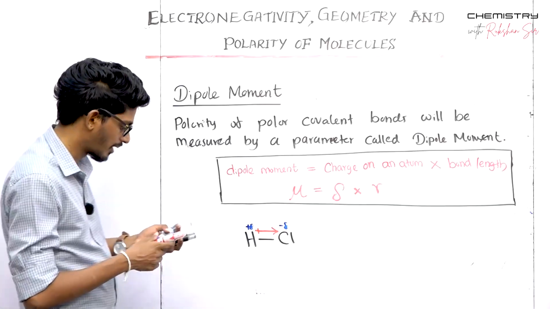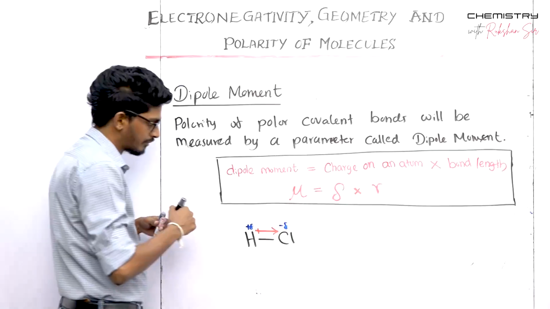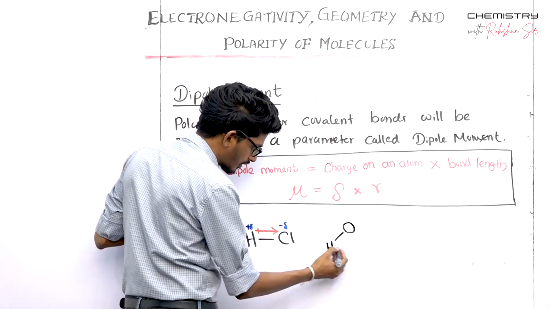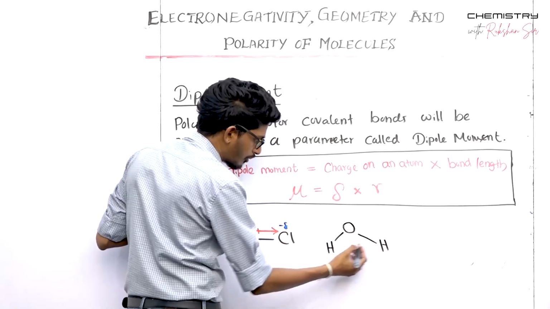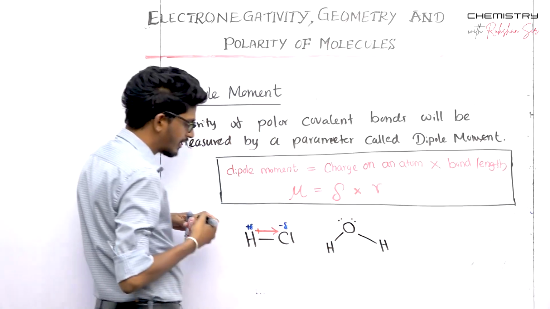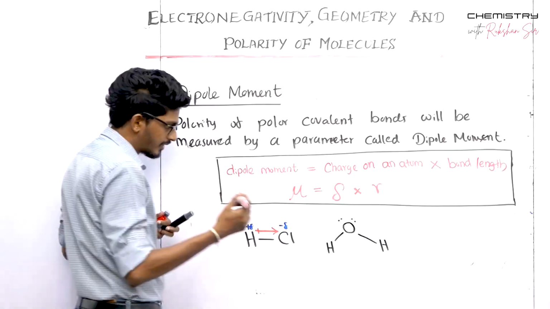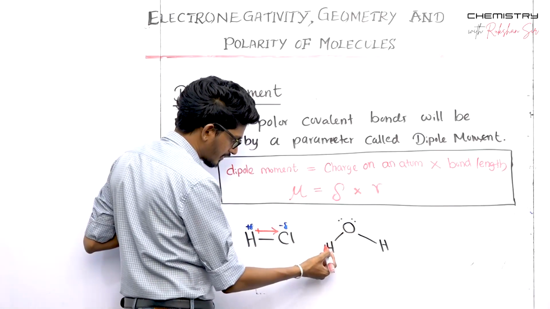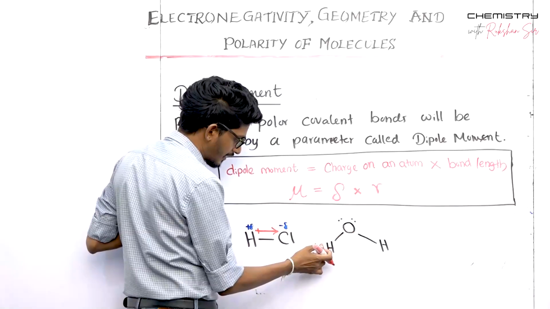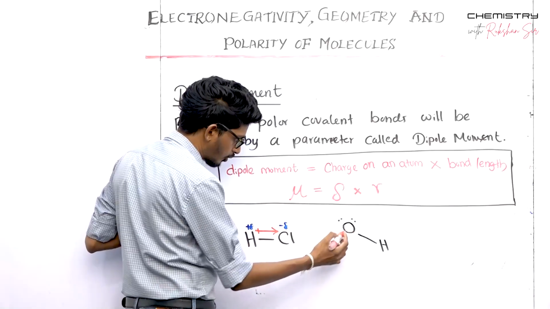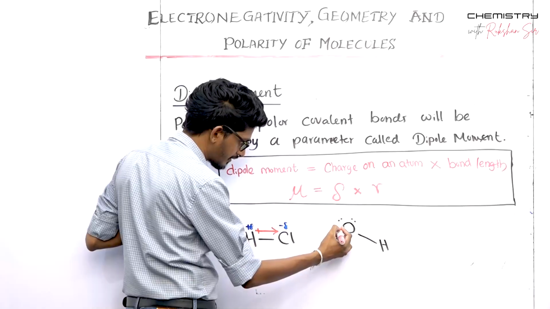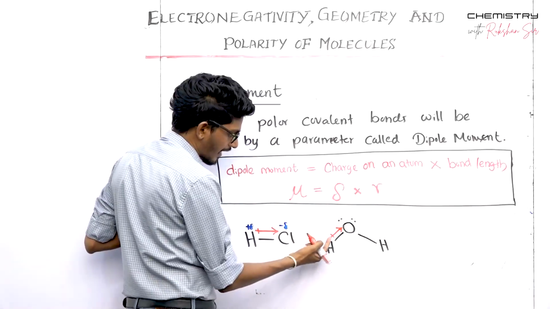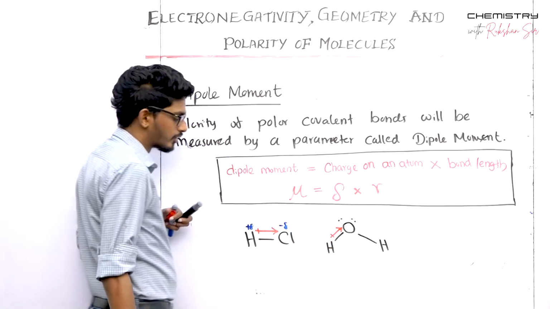See, for some others. If you take H2O, see how to denote the dipole moments of the two bonds in there. You know this is the negative pole and this is the positive pole. This is the high affinity atom, this is the electropositive atom. So the dipole moment will be marked like this: arrow head towards the negative atom and arrow tail towards the electropositive atom.